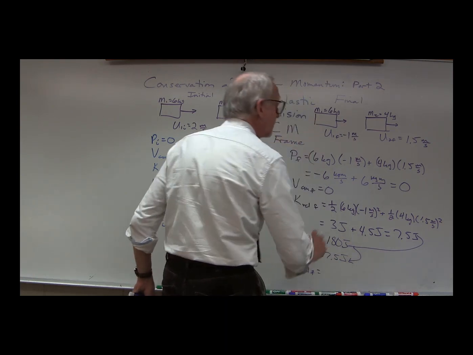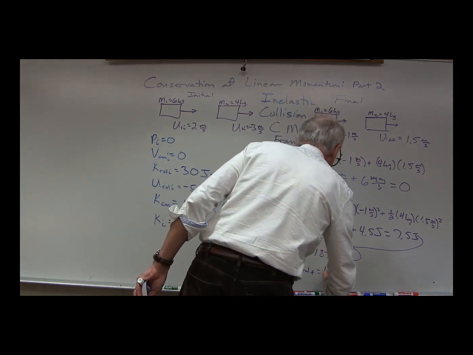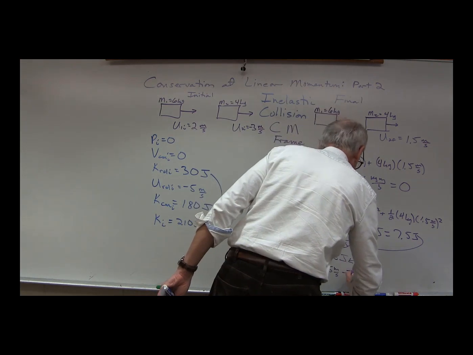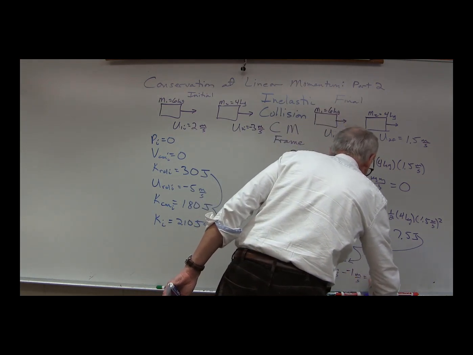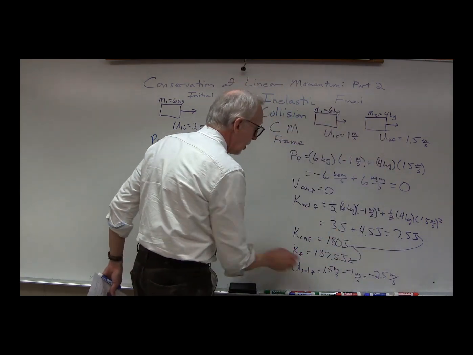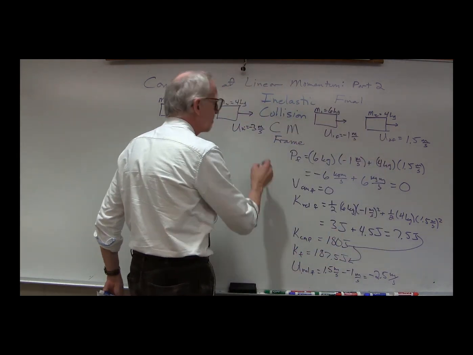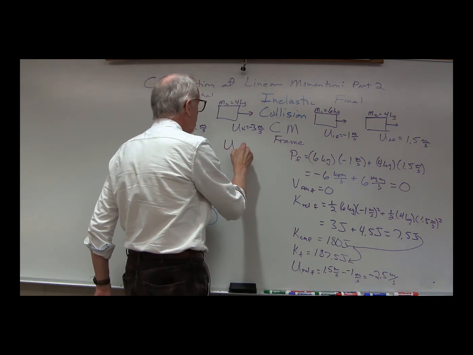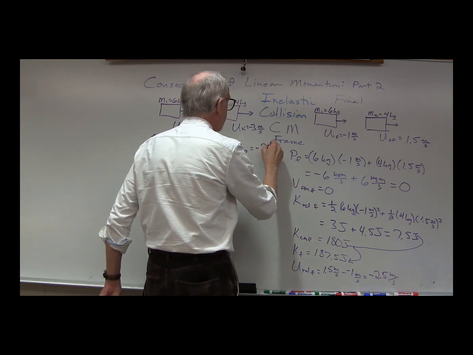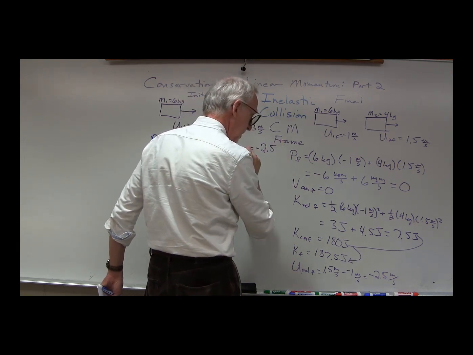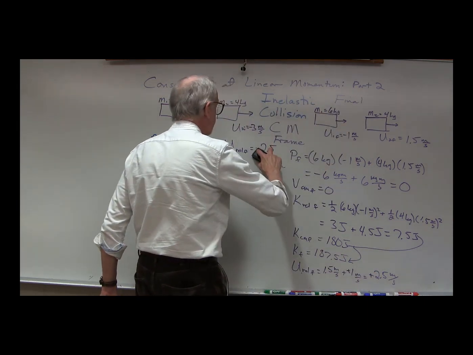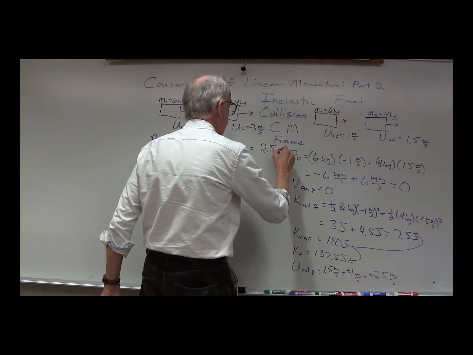U rel final is 1.5 meters per second minus negative 1 meter per second, which is... Oh, I'm sorry, no, the negatives cancel. That is positive. Sorry, positive 2.5 meters per second.